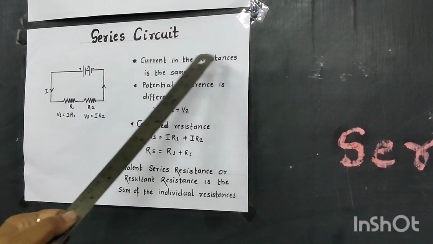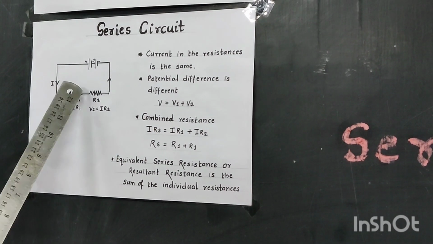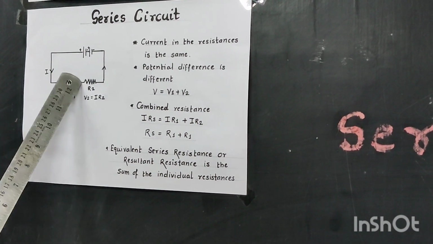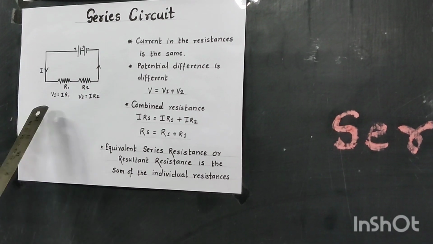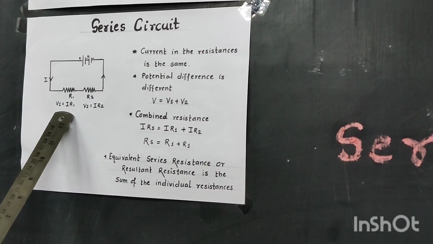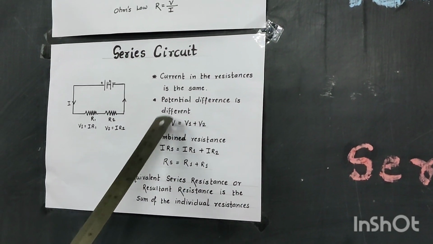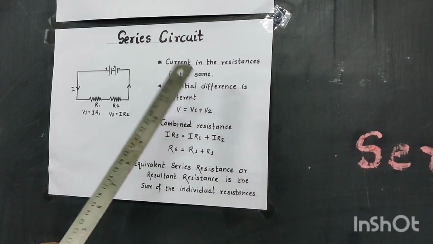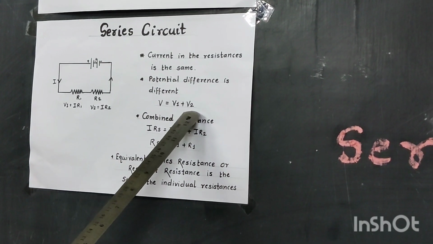So the current in the resistances is the same, but if we check the potential difference or the voltage across these two resistances, it will be different, because V1 will be equal to IR1 and V2 will be equal to IR2. So the potential difference gets split. That is, V will be equal to V1 plus V2.